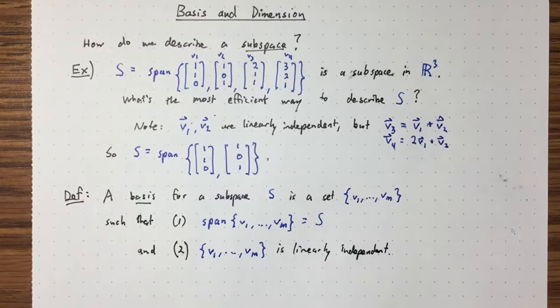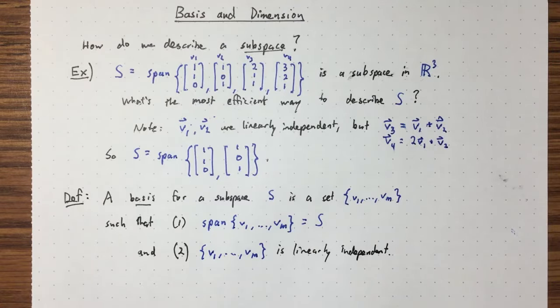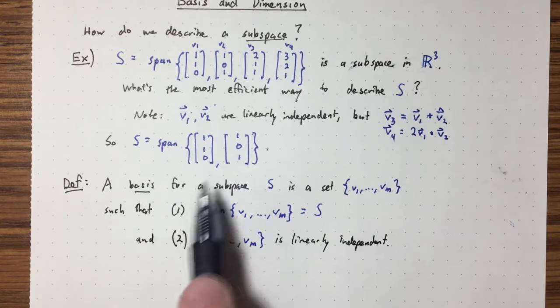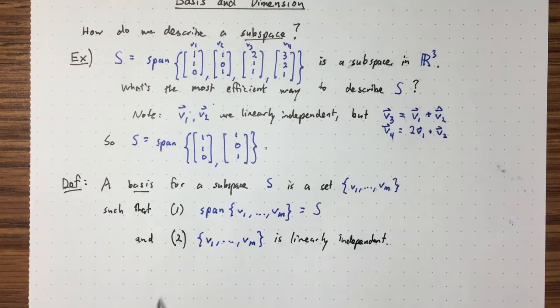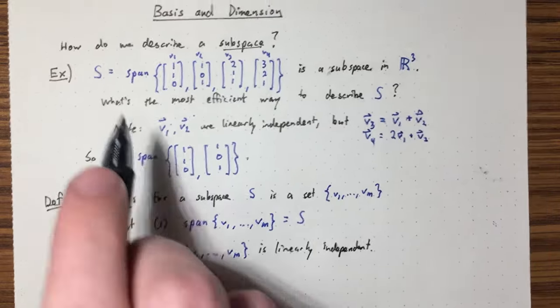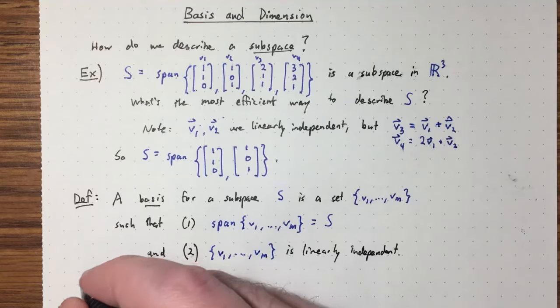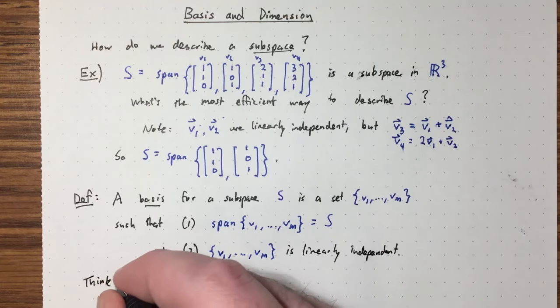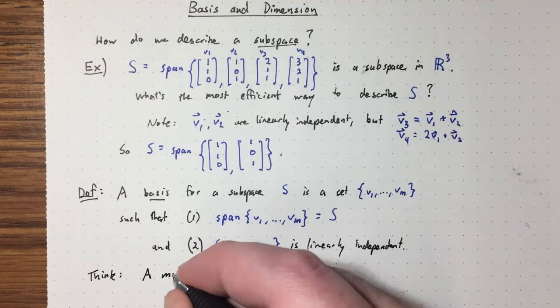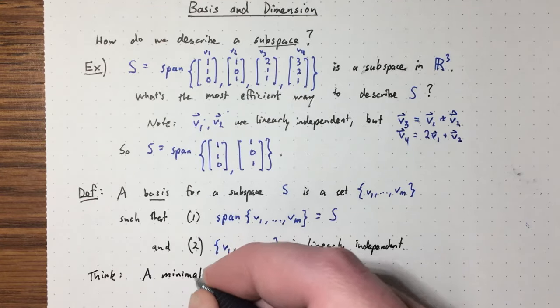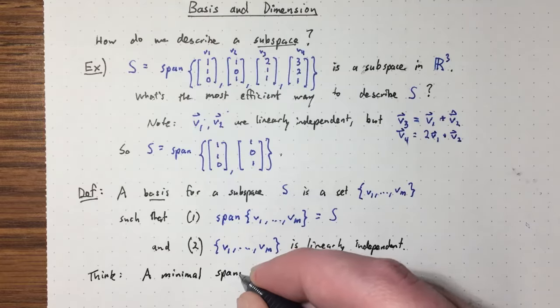How should we think about a basis? A basis is the smallest set necessary to span the subspace. That's one way to think of it. It's as small as possible, a minimal spanning set.